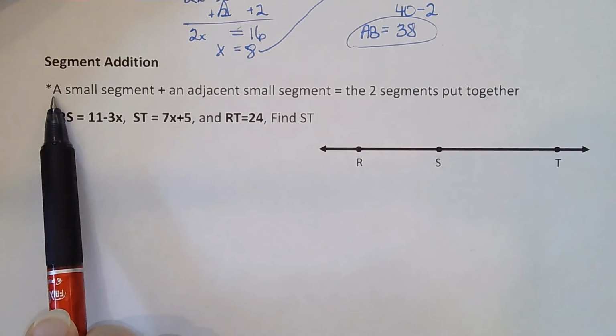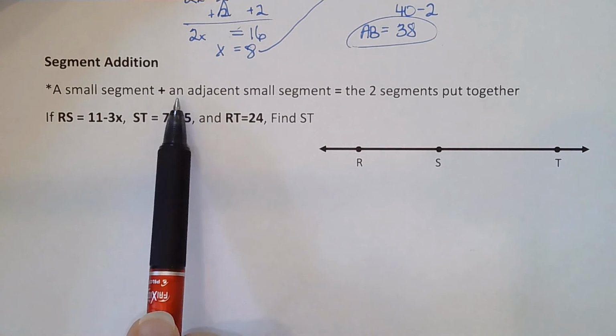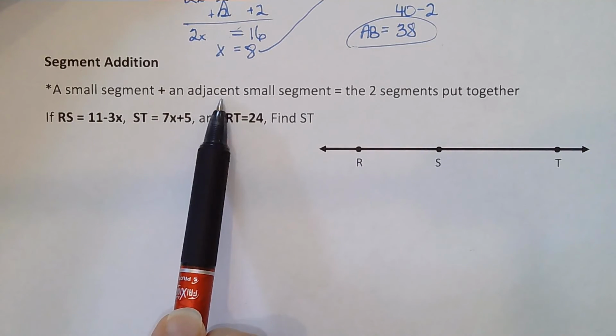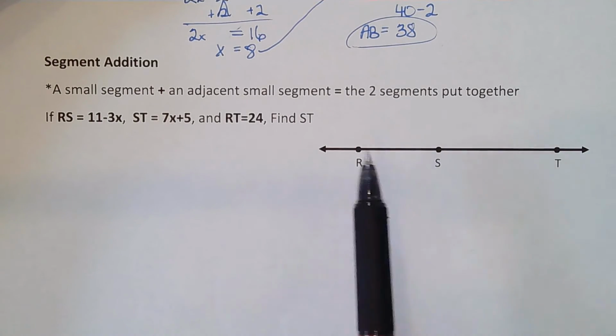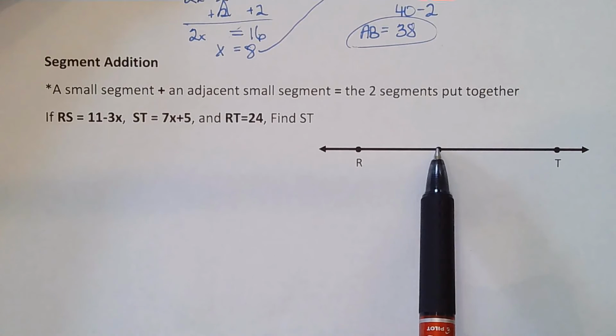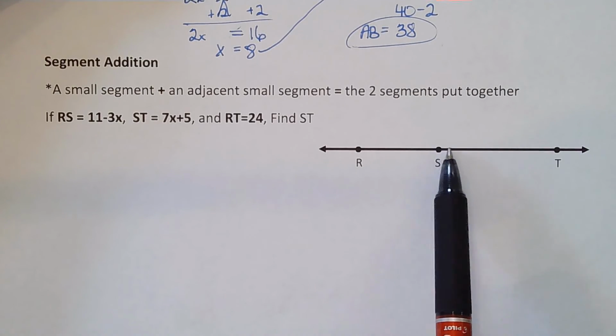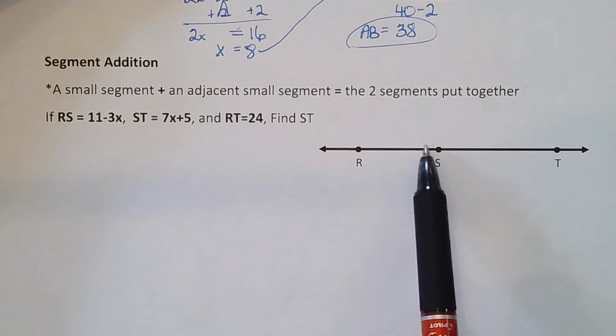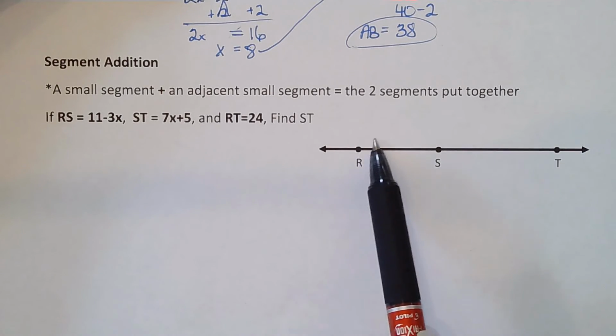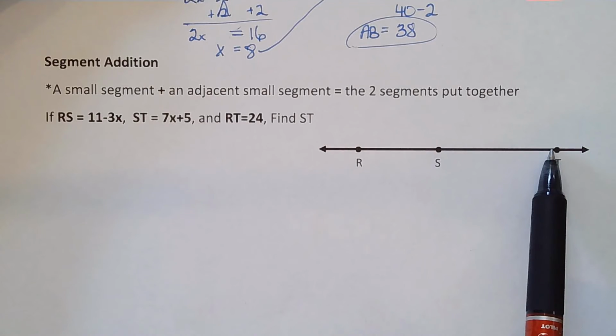Segment addition says that a small segment plus an adjacent, meaning next to it, small segment, will equal the 2 segments put together. So it tells me if I take RS and I add ST, I'm going to get the whole segment RT, right? So RS plus ST is going to equal the whole segment RT.